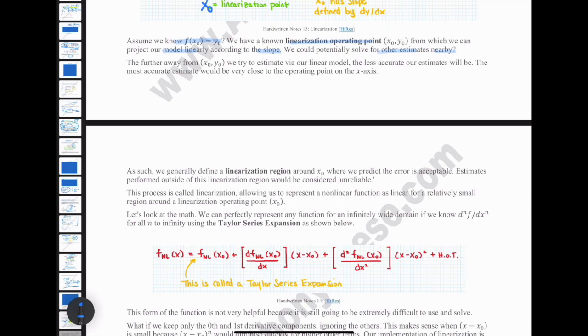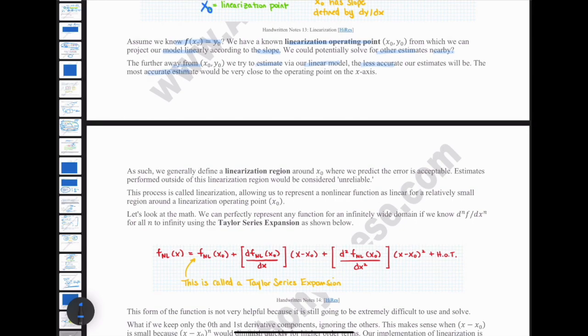But if we want to move slightly to the right or slightly to the left, let's say we have x0 plus a small value, then we could adjust our y value accordingly. The further away from this linearization point or operating point we try to estimate using our linear model, the less accurate our estimates will be. The most accurate estimate would be very close to the operating point on the x-axis.